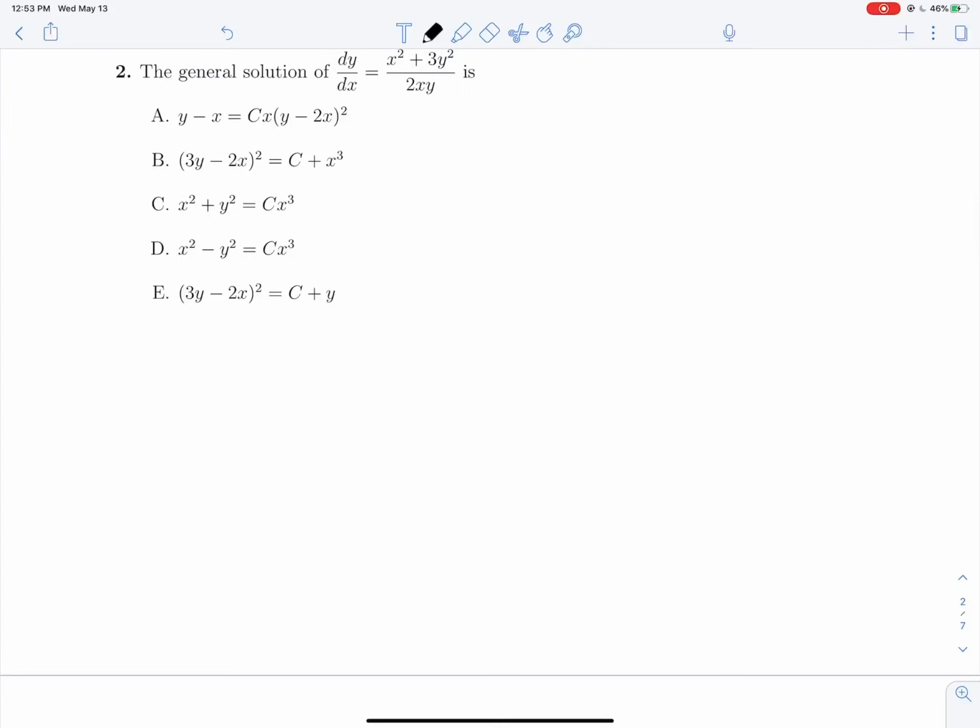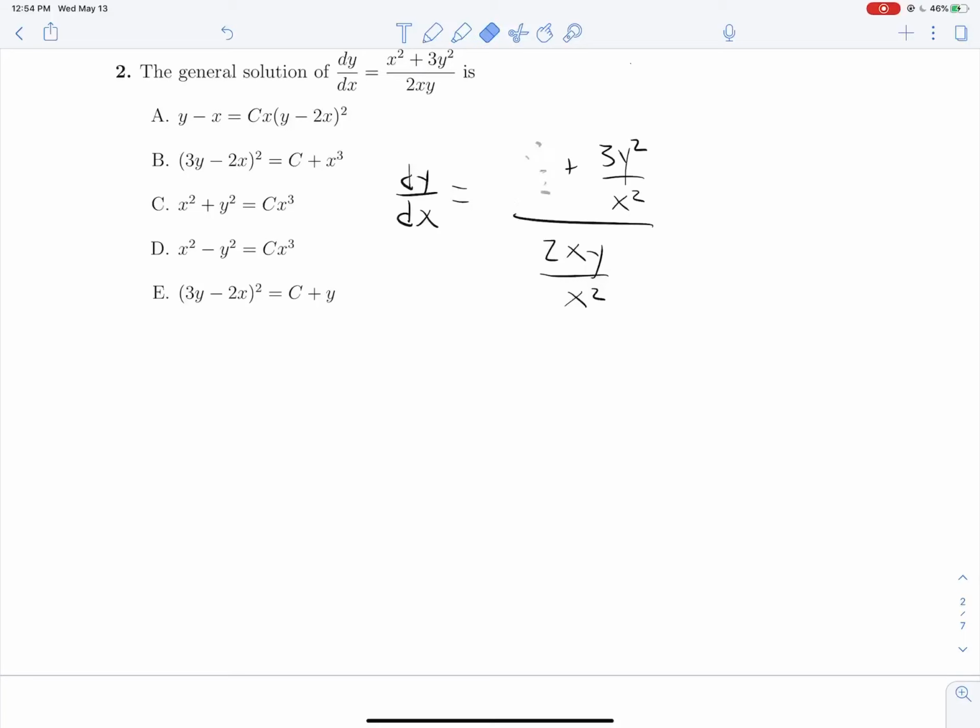Number 2, the general solution of this big thing right here is what? Well, we have a nice rational expression of y over x over here, because what we can do is rewrite this as dy/dx is equal to, let's divide the numerator and the denominator by x squared. So we get x squared over x squared plus 3y squared over x squared, all over 2xy over x squared.